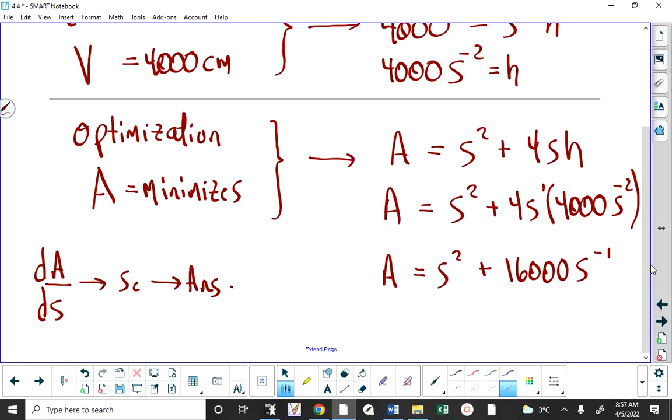Very often what happens is you go through all this work, and it is a lot of work so far. And then what I see students do is they start factoring this. They set it equal to 0 to find the critical values of S, but they've forgotten a key component to this process, which is you have to differentiate this. Right?